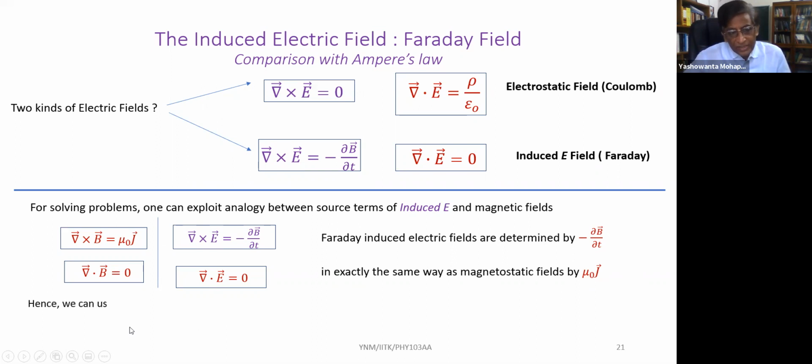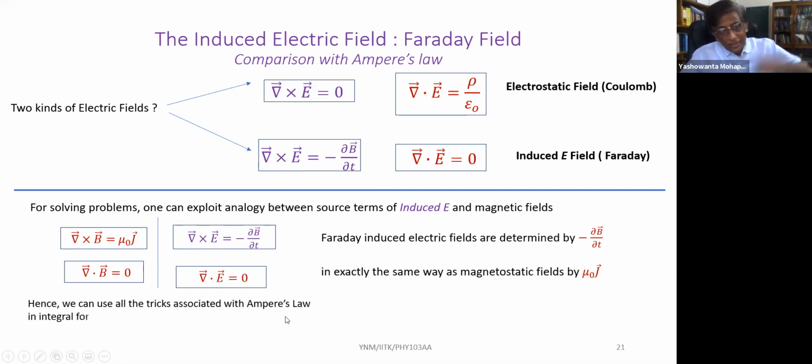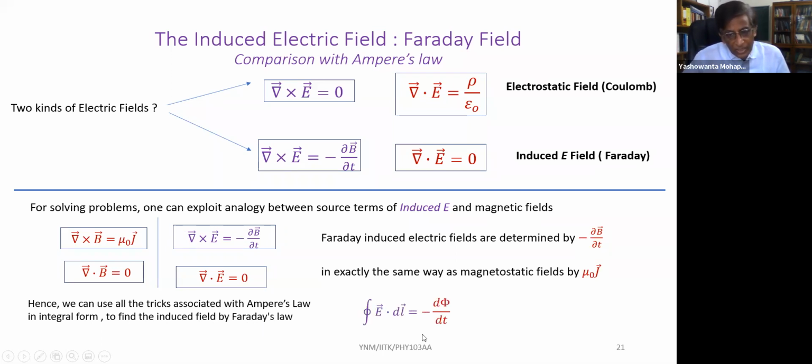Hence, we can use all the tricks associated with Ampere's law, especially in the integral form, to find the induced field by Faraday's law. For example, we know that the integral of E dot dl is minus d phi by dt, the integral form of del cross E equals minus del B by del T.